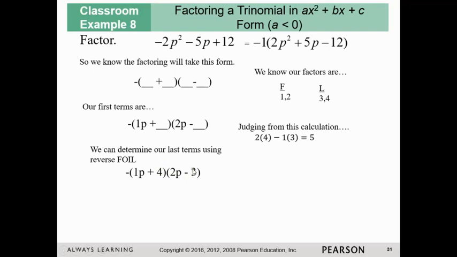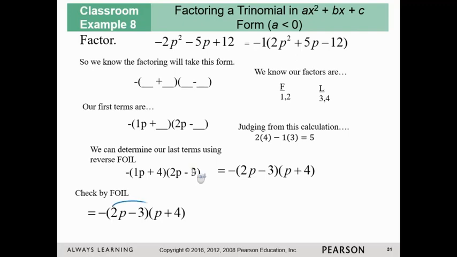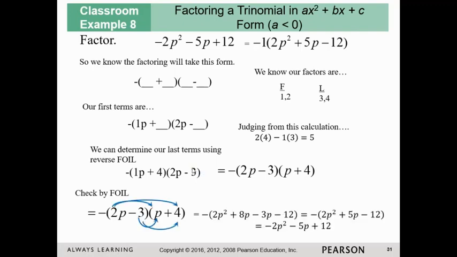And anytime you do this in the guess and check method, you always check it by FOIL. And then we got back to our original trinomial there.